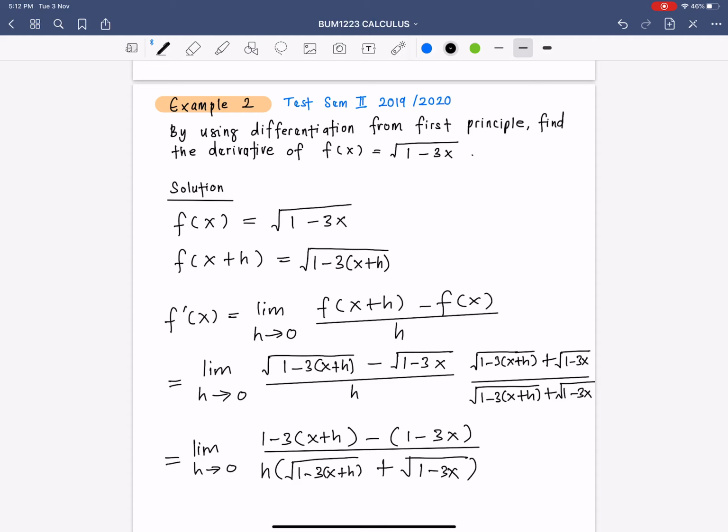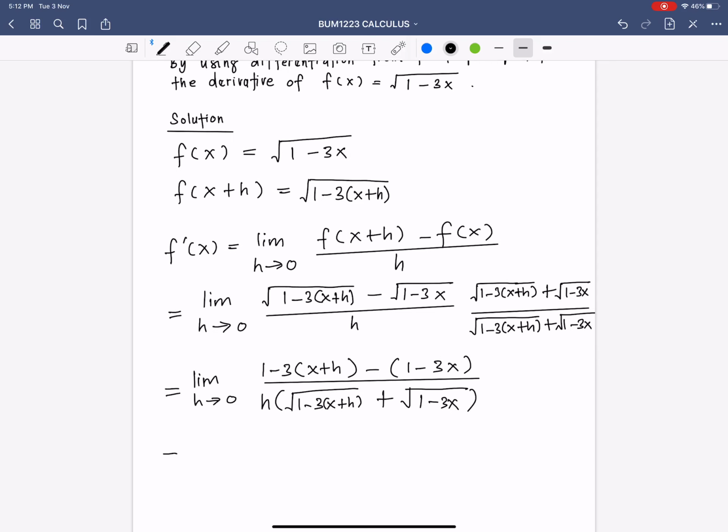Now we need to simplify this expression.